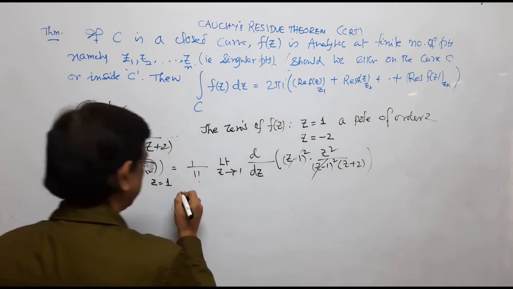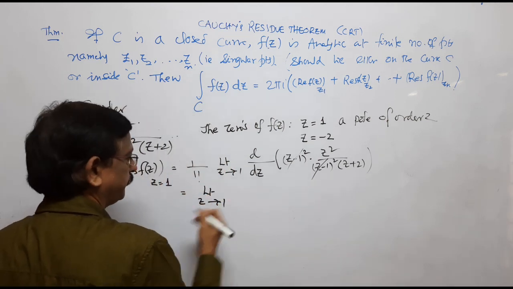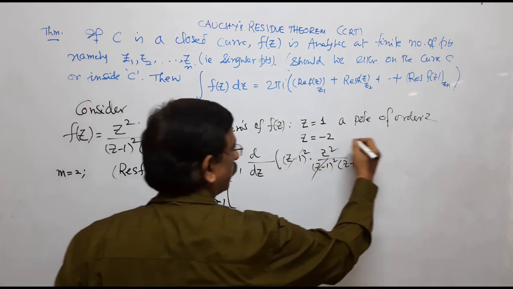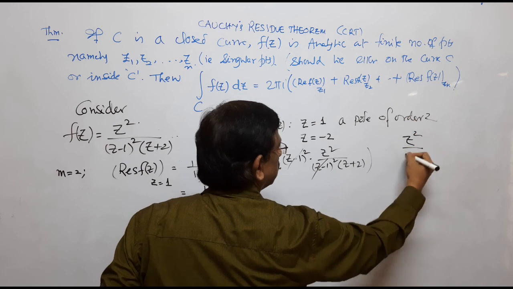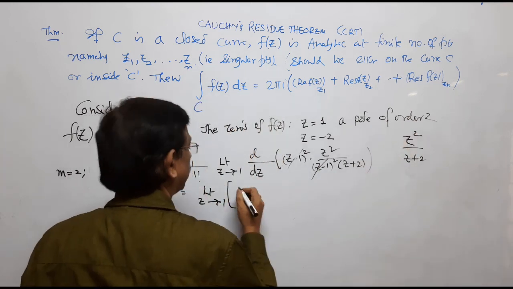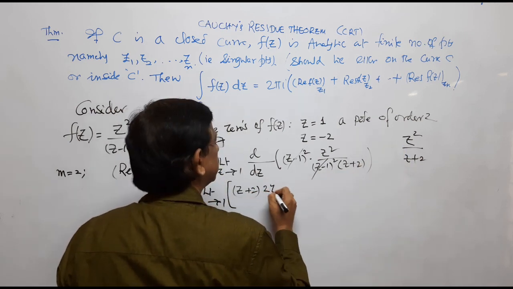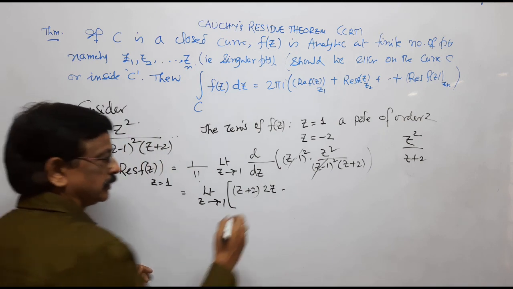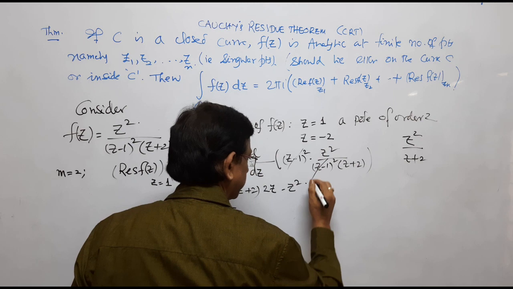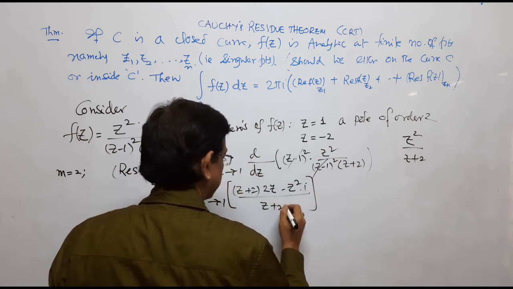This is equal to 1 by 1 factorial, which is 1, simply limit z tending to 1. Now, the derivative of z square by (z plus 2): apply the quotient rule. The derivative is (z plus 2) into derivative of z square, which is 2z, minus z square into derivative of z plus 2, which is 1, by (z plus 2) whole square.